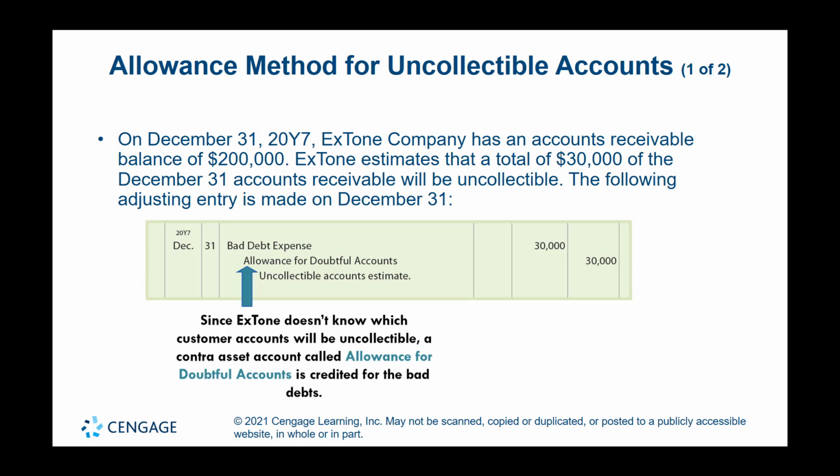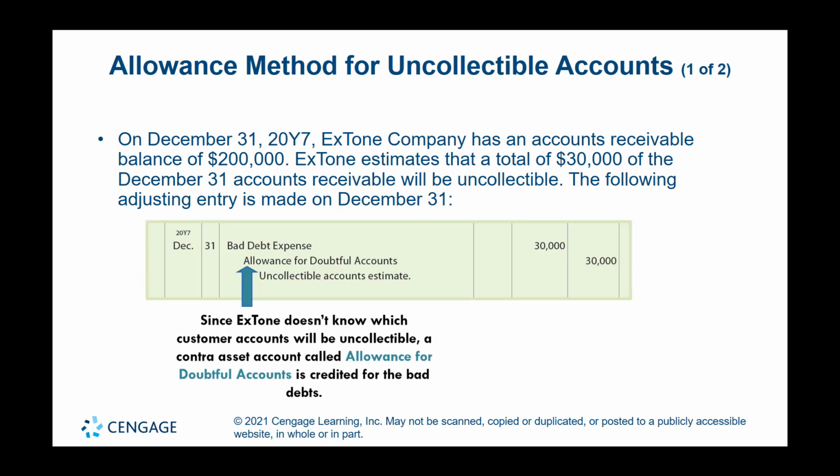Allowance for doubtful accounts. Know that this is a contra asset account, which means it is opposite of accounts receivable. When the company indicates its accounts receivable balance, it must also indicate its allowance for doubtful accounts.